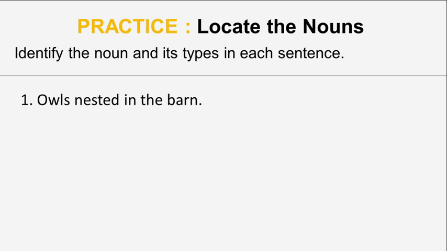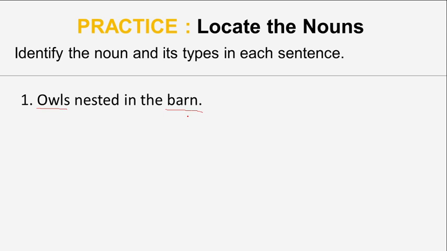Owls nested in the barn. Can you identify where the nouns are here? Okay, very good. We have the owls, and the second noun is the barn. What type of noun is owls? Is it a common or a proper noun? Very good, it is a common noun.